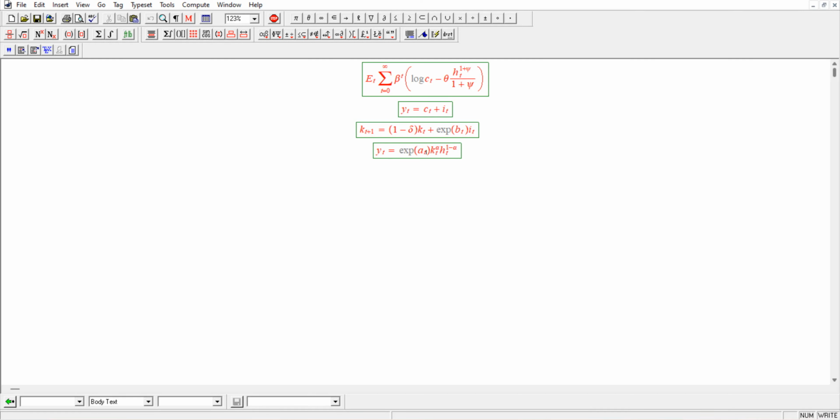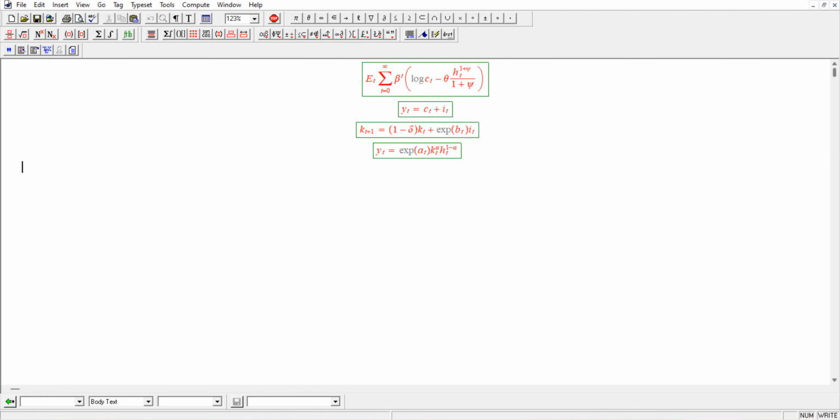And of course, these constants beta, delta, and alpha all have to be between 0 and 1. Just like B represents an investment-specific shock, A represents a general productivity shock.